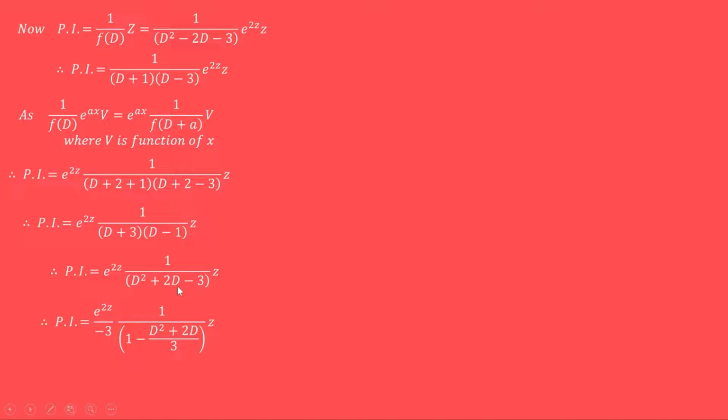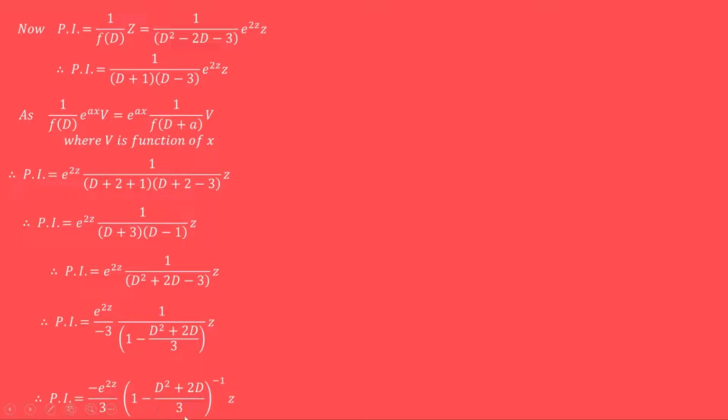We take minus 3 as a common from the denominator. Now see this one, transfer this denominator to the numerator. So pi is equal to e raised to 2z upon minus 3. So you can write this is minus e raised to 2z upon 3 into the bracket 1 minus (D square plus 2D) upon 3, to the numerator. So this will become raised to minus 1 into z.